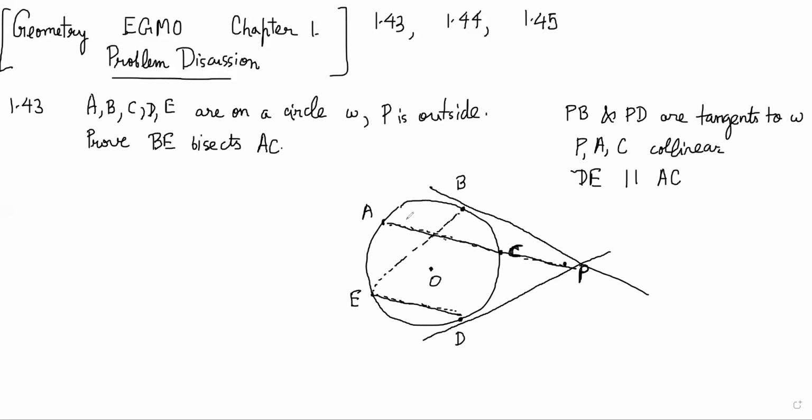Let's call this point M. M is a random point, the point of intersection of DE and AC. Right now, we don't know whether it is the midpoint or not. If we can show that OM is perpendicular to AC, then we are done.